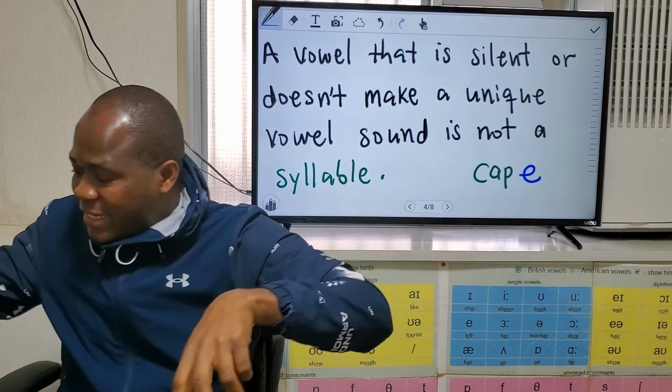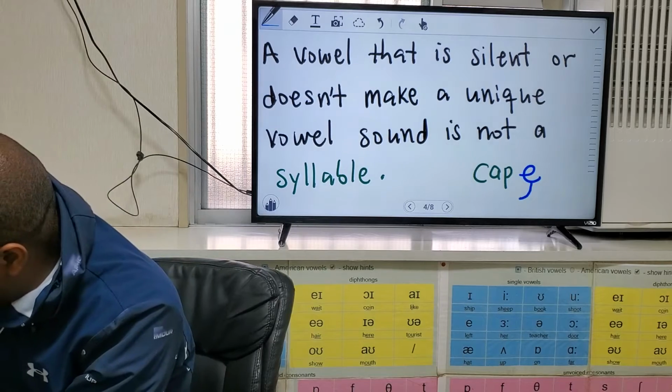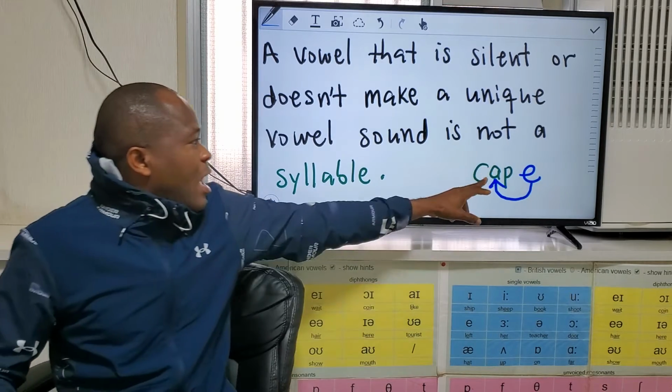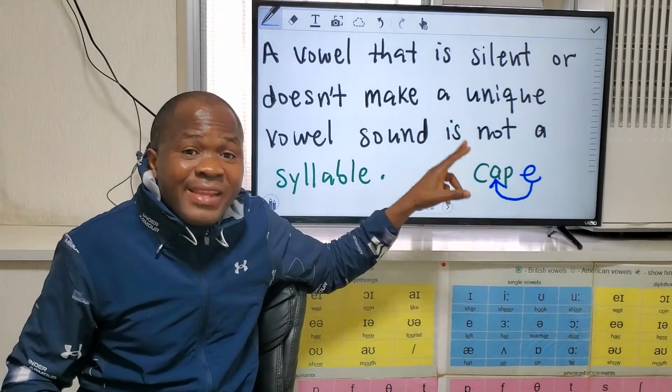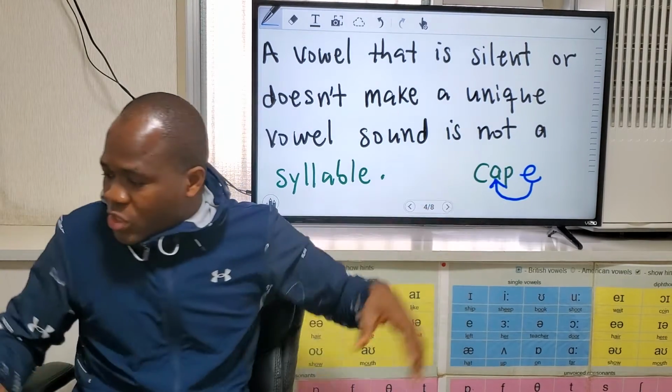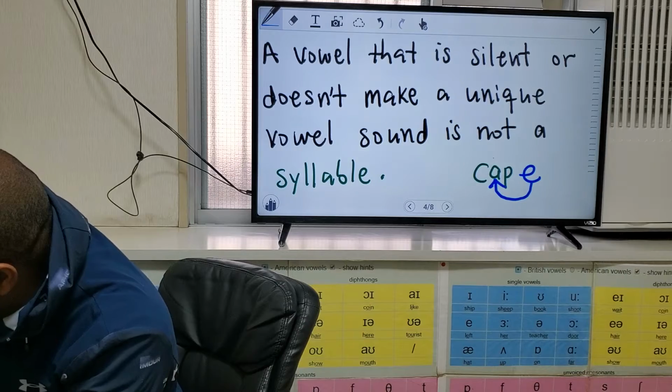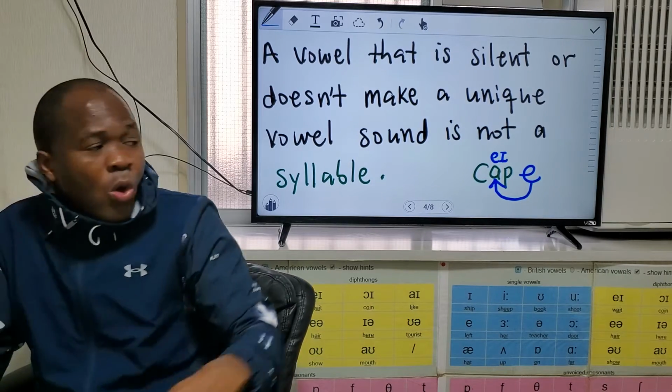As soon as I add the E, it is going to affect the sound of A, and A is going to say its name, its letter name. So here our A is going to sound as a diphthong.